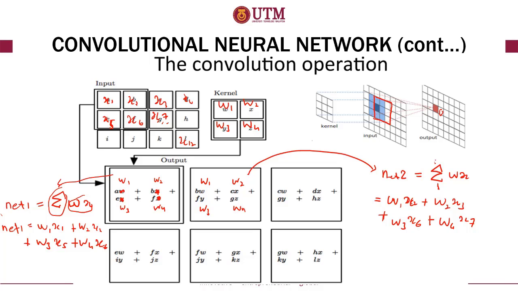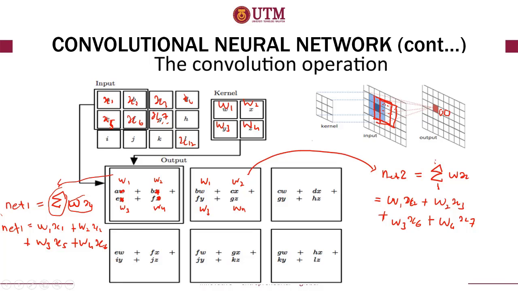And then to find this net, you still apply the same W with a new X here, then you get this one. And then if you want to find this net, you translate your kernel into this area, then you multiply the filter coefficients with the new x over here.